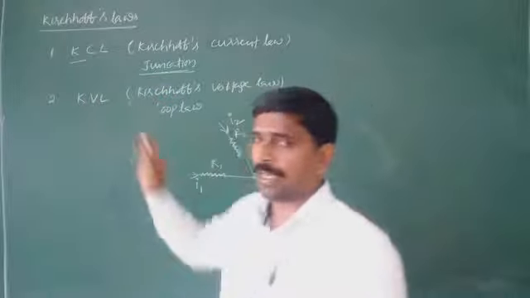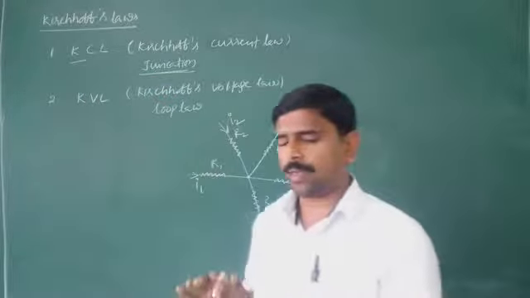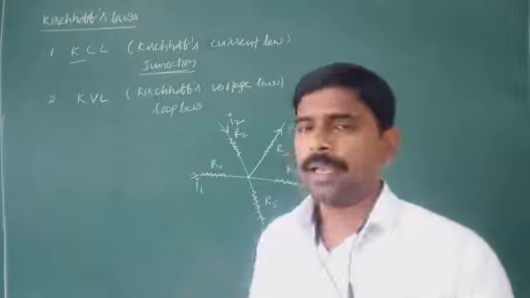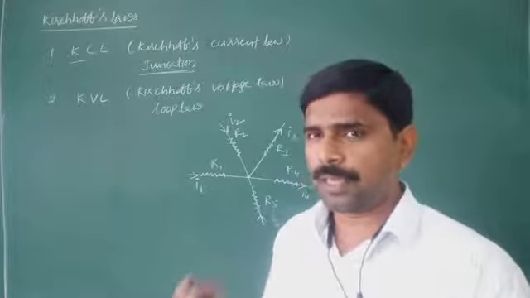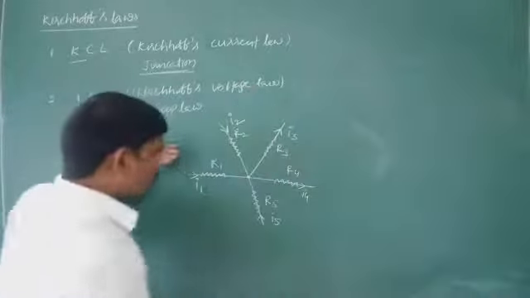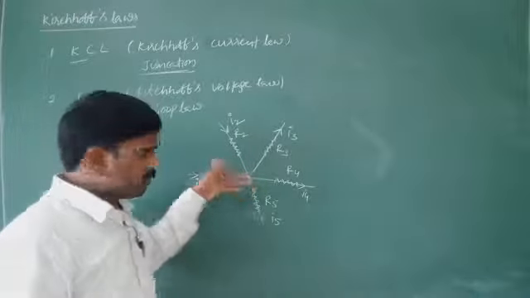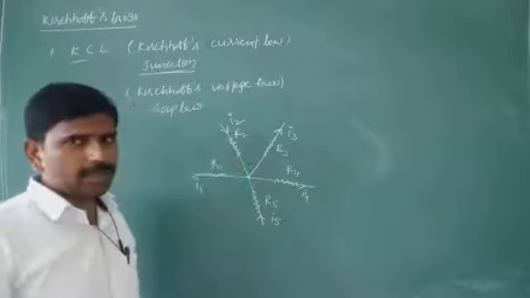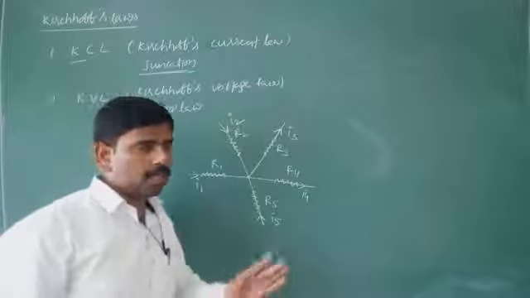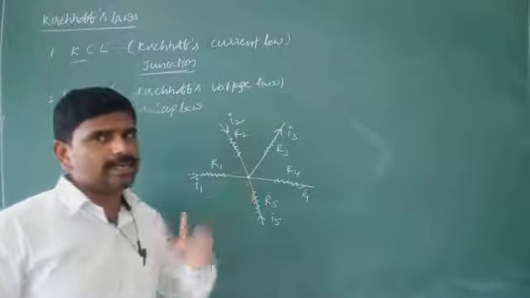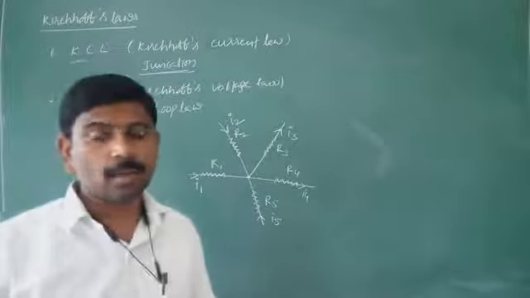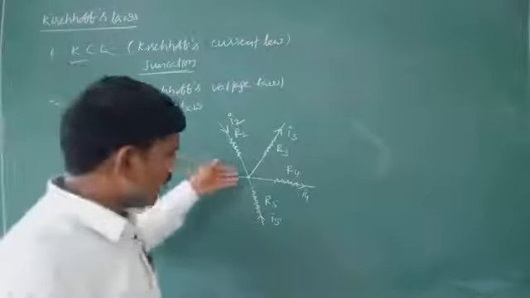According to the Kirchhoff current law, the total current entering the junction must equal the total current leaving the junction. Observe what currents enter the junction.